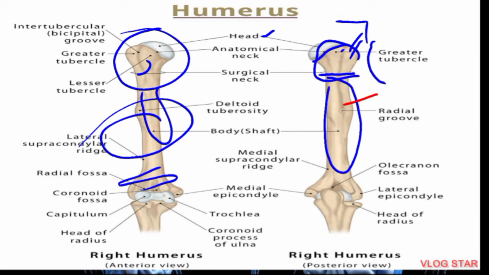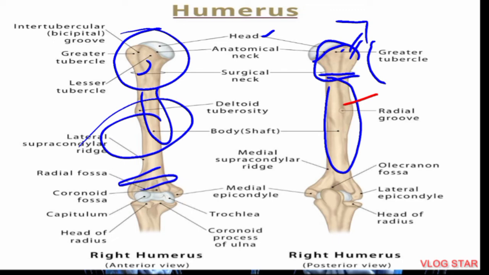The upper part has intertubercular sulcus, bicipital groove anteriorly. Bicipital groove contains long head of biceps with its synovial sheath and an ascending branch of anterior circumflex humeral artery.